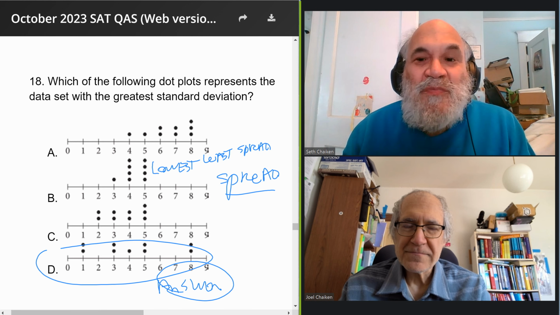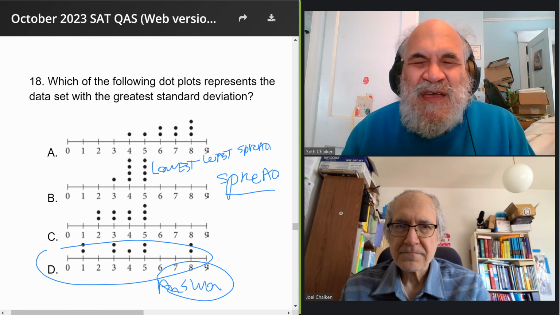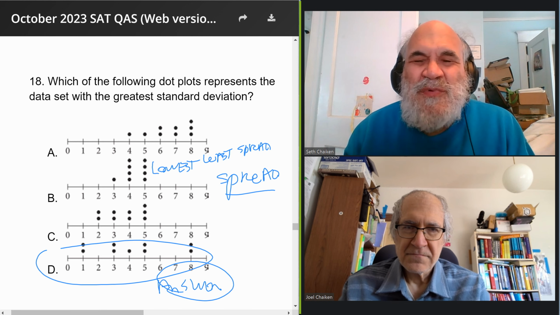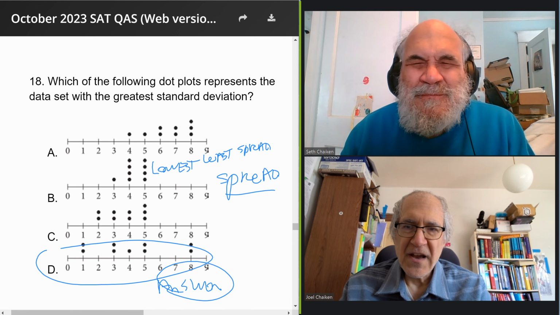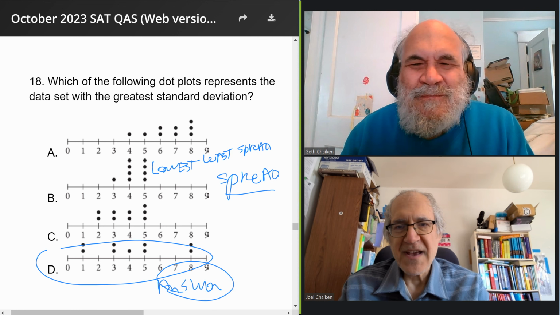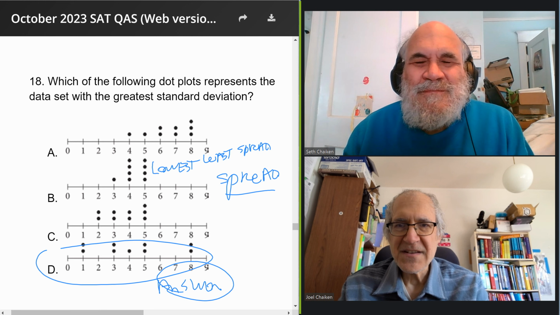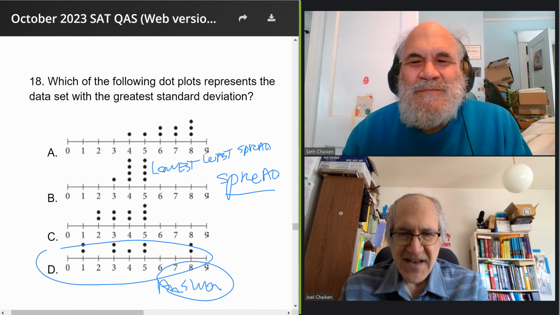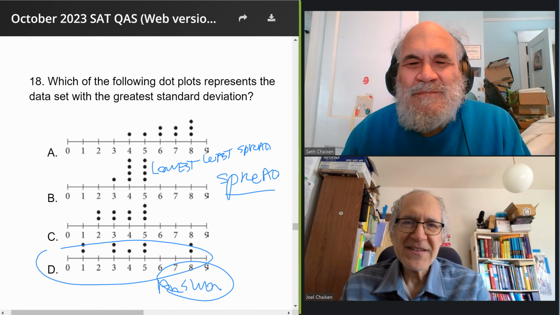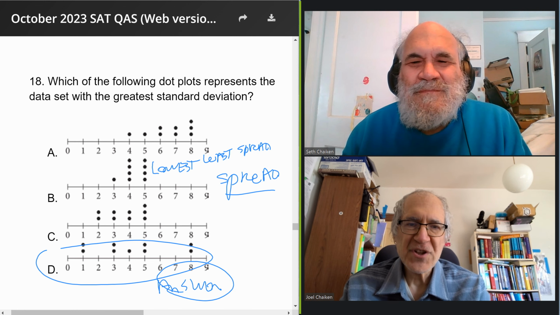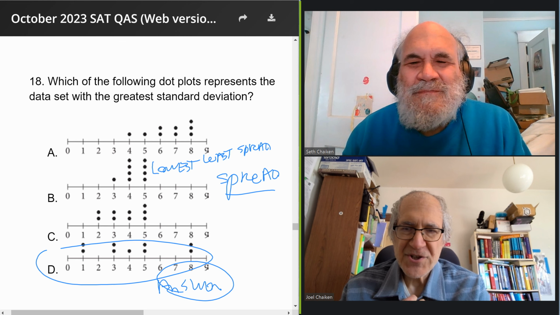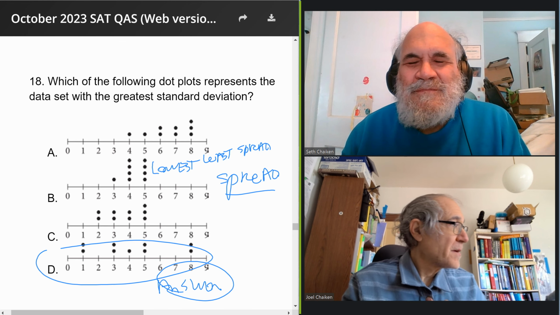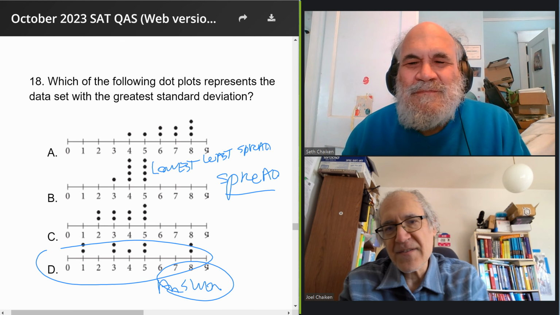Right, and how it is that standard deviation means how far a distribution is spread out. One of the bones I pick with the SAT and to a certain extent high school math is that the statistics stuff in high school math is done very, very superficially.